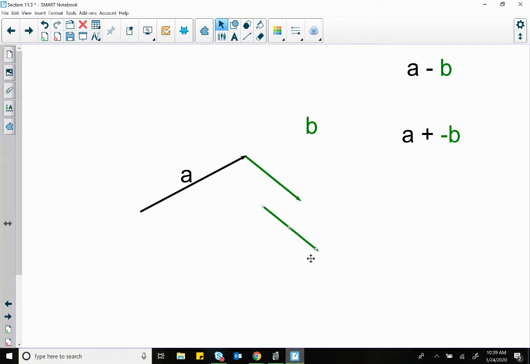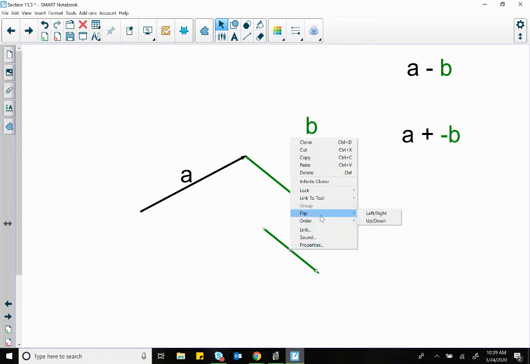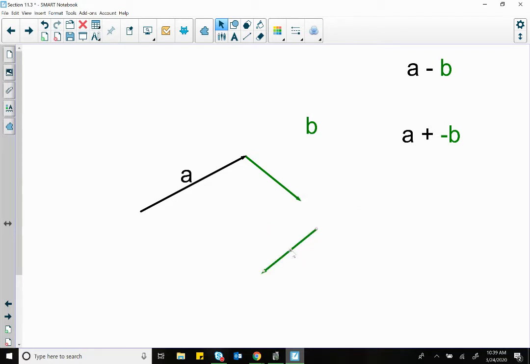Clone. And I need to turn this 360 degrees and flip this up and down. There we go. There is the opposite of vector B. Okay, so that's B. And then right there, that's the opposite of B.